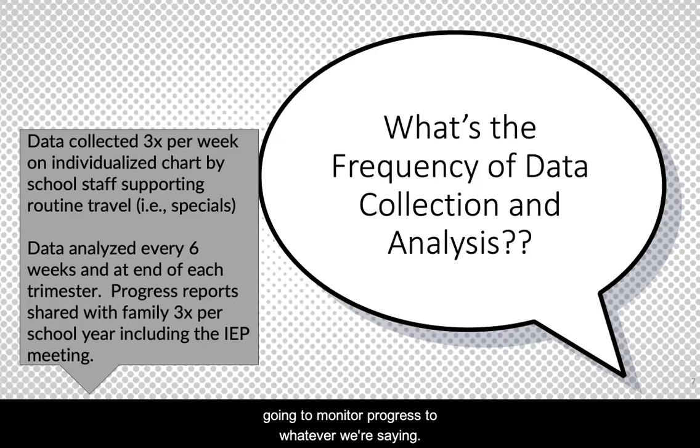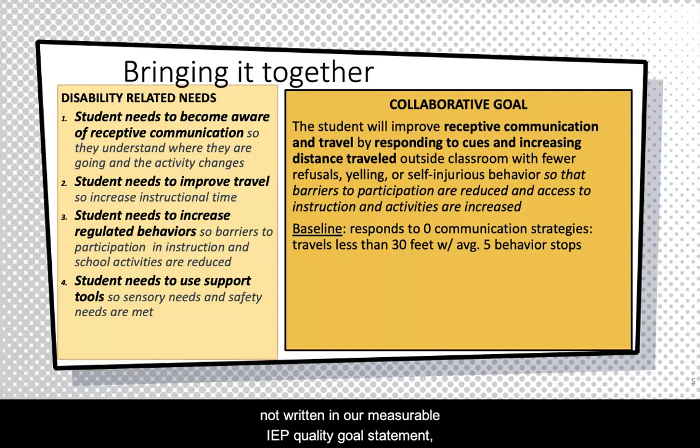If I back up for 1 second as that reminder, not written in our measurable IEP quality goal statement, but our collaboratively written goal is that we're working on receptive communication, or the student's ability to receive communication that might be a prompt to do something, and their ability to travel or transition by responding to cues, and therefore increasing their distance traveled when that's requested of them. That's essentially what we're saying in order to reduce behaviors.